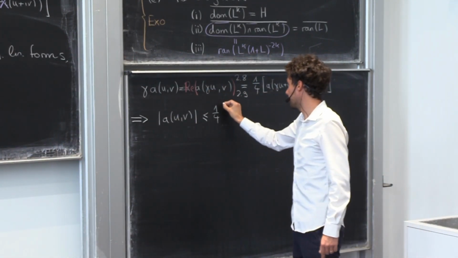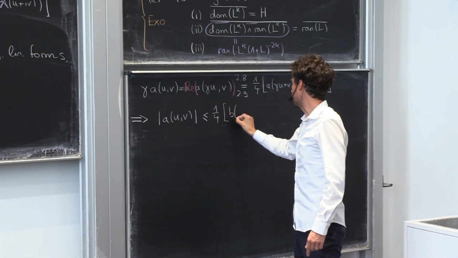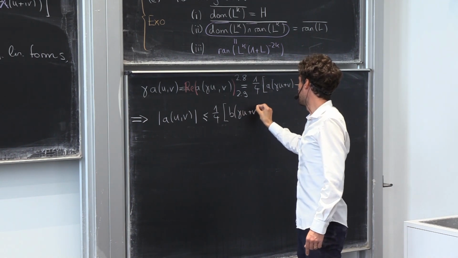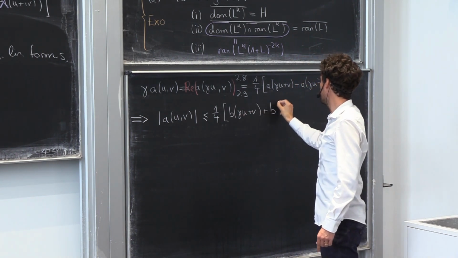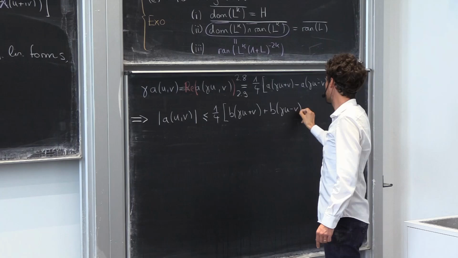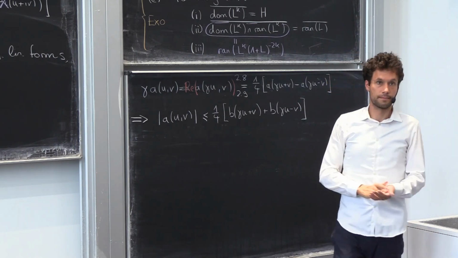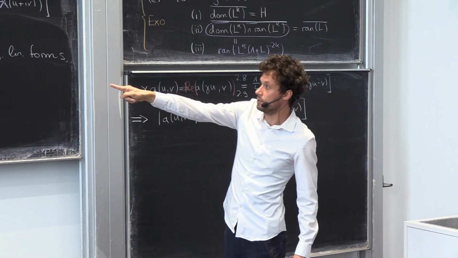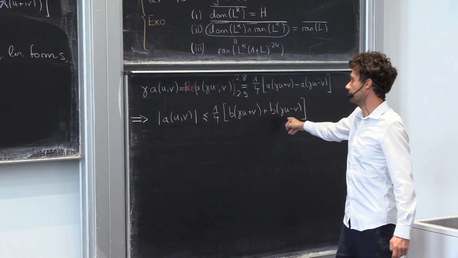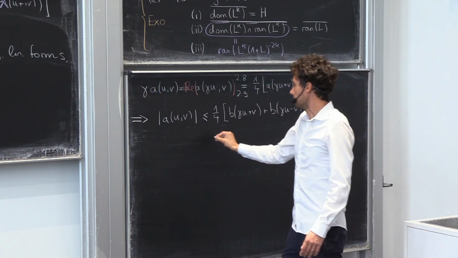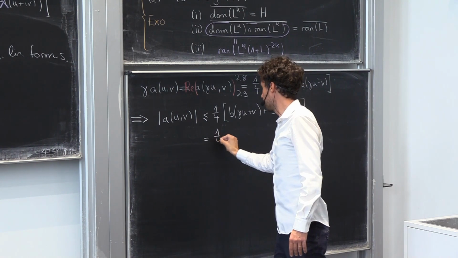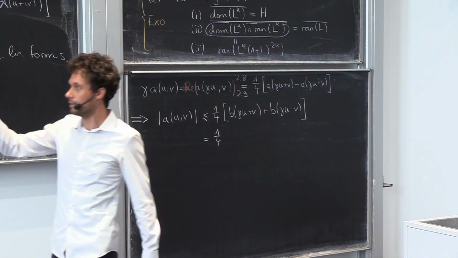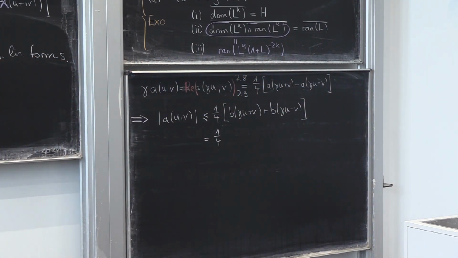In other words, I can say this is b of gamma u plus v plus b of gamma u minus v. Put absolute values on both terms, use the assumption over there, and get this. Now this is some sort of a sitting duck for the parallelogram identity.